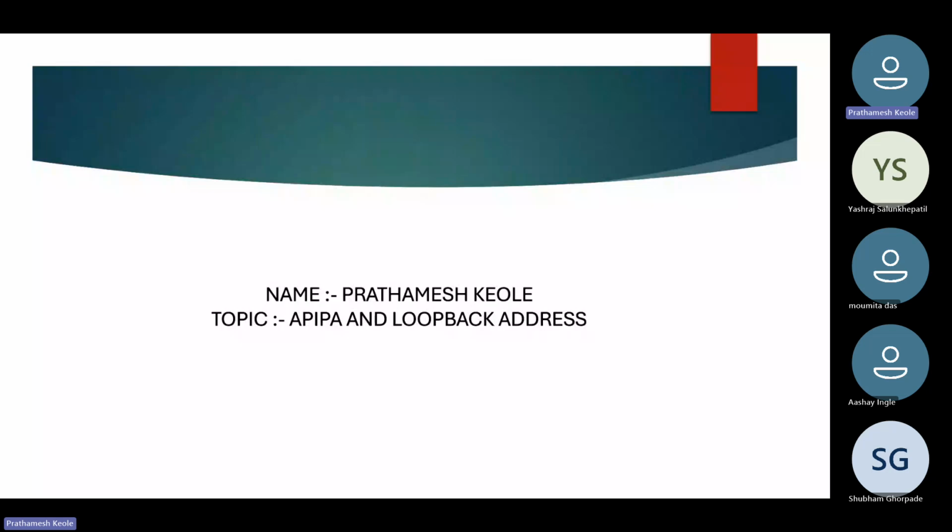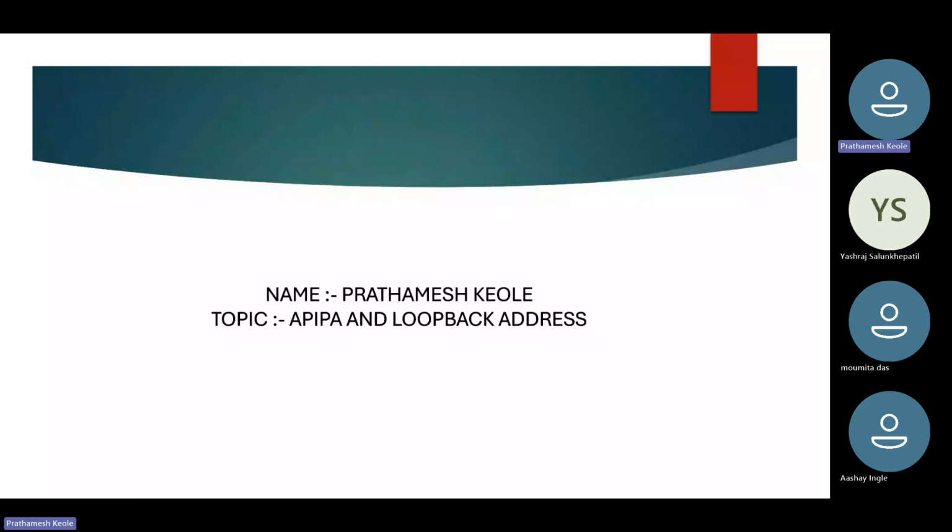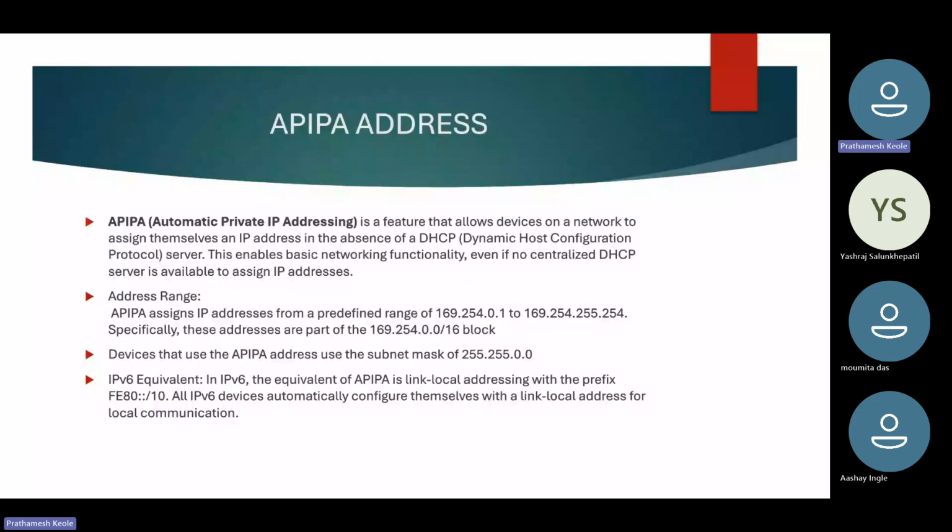So APIPA assigns an IP address from a predefined range of 169.254.0.1 to 169.254.255.254, or we can say the 169.254.0.0/16 block.